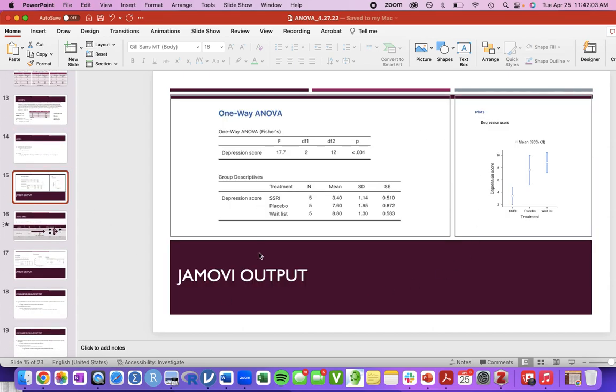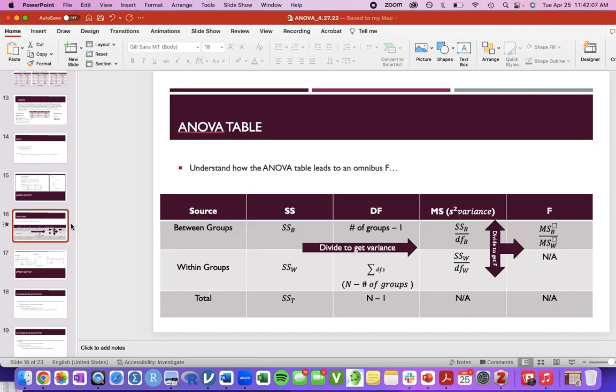Okay, and here's what the output looks like. So when we do ANOVAs, we all of a sudden start working with ANOVA tables. An ANOVA table is what you'll get when Jamovi spits out your analyses. So you'll have all of these different things. And remember, you've calculated all of this.